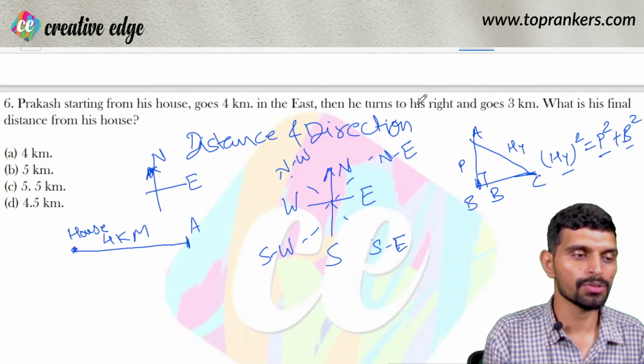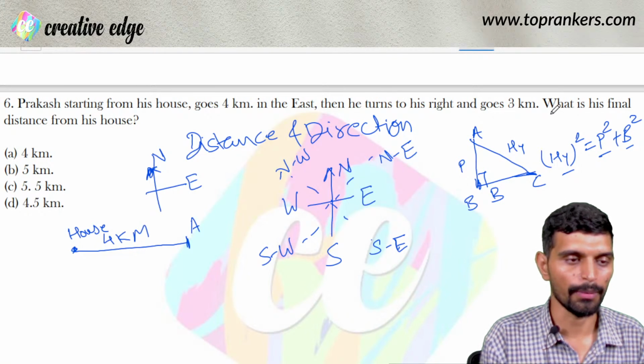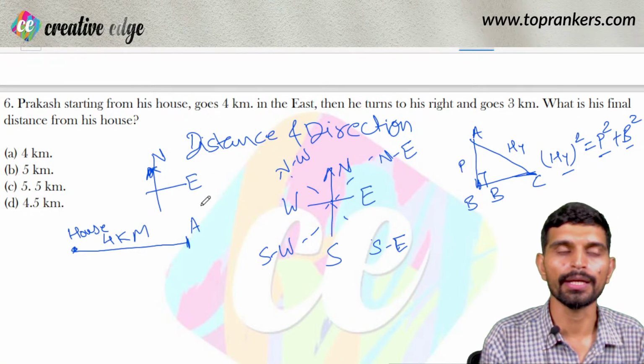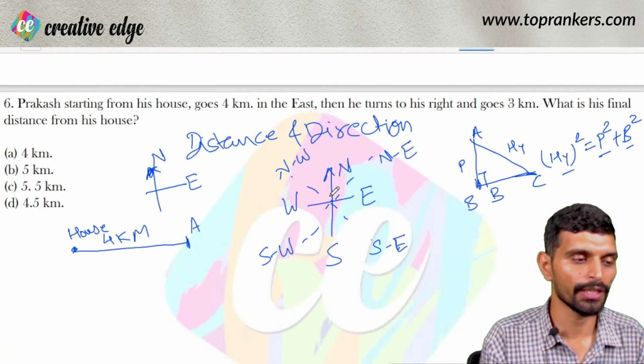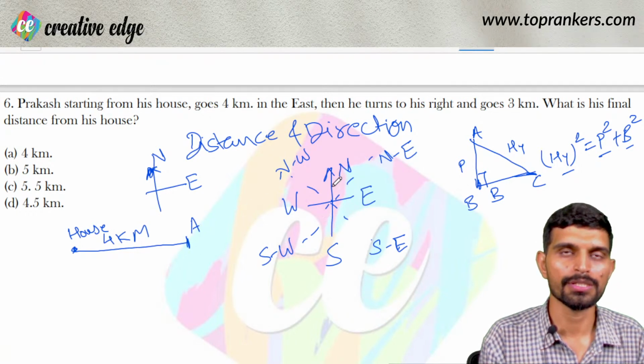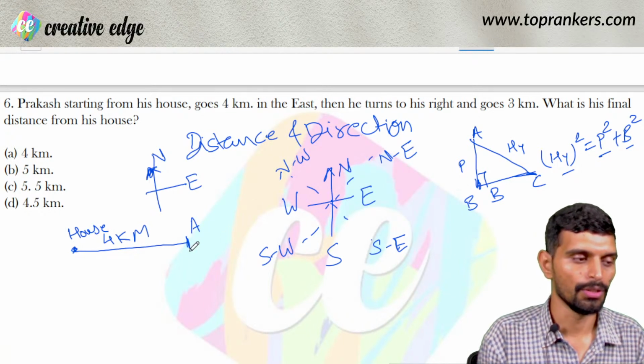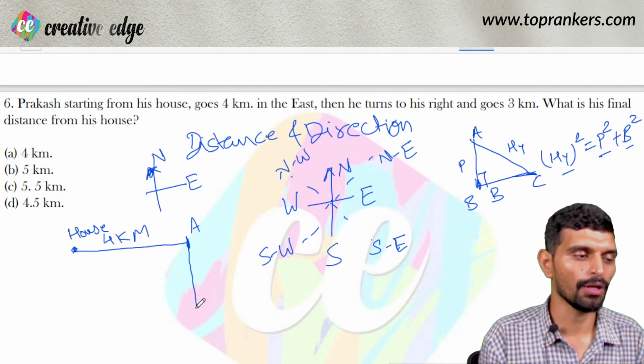He then turns to his right and goes 3 km. If a person is facing east and he takes a right turn, he will be moving in the south direction. If a person facing east takes a left turn, he will be moving in the north direction. So here Prakash moves in the south direction for a distance of 3 kilometers and reaches point B.